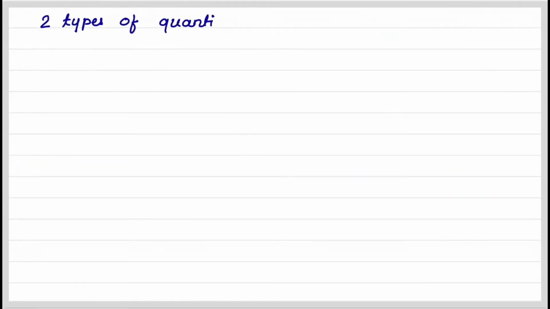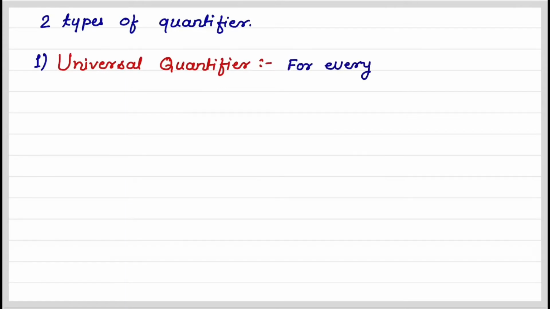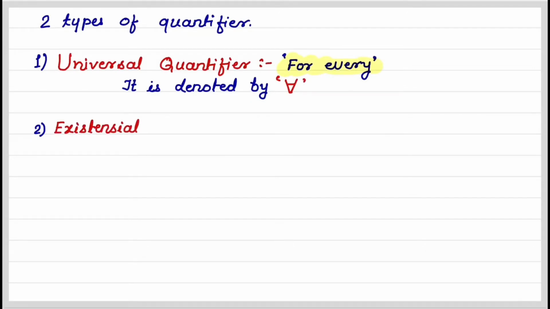There are two types of quantifier. The first one is the universal quantifier. In the first example, we have used for every, which is known as the universal quantifier. It is denoted by an upside-down A. And the second type is the existential quantifier.